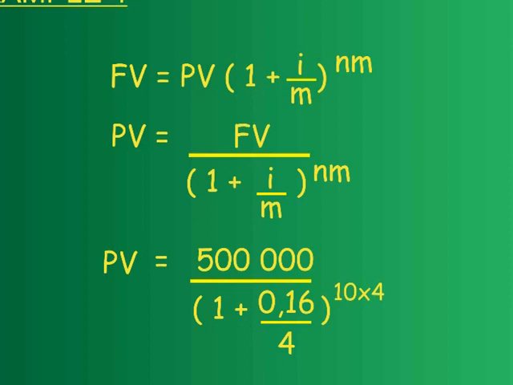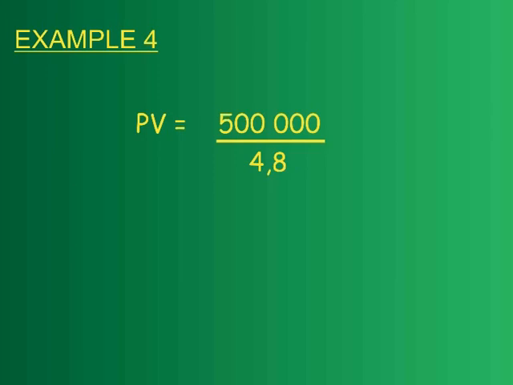n is 10 years times number of compounds per year m, which is 4. So we have 500,000 Rand divided by 1 plus 0.16 over 4 to the power 40, which is equal to 500,000 Rand divided by 4.8, which is equal to 104,144 Rand and 52 cents.